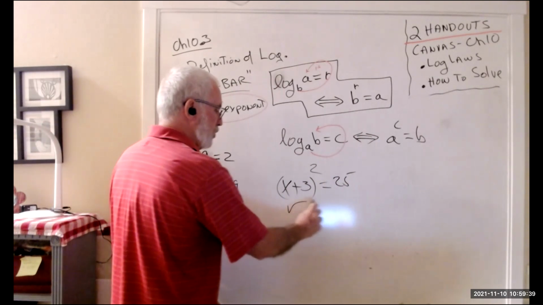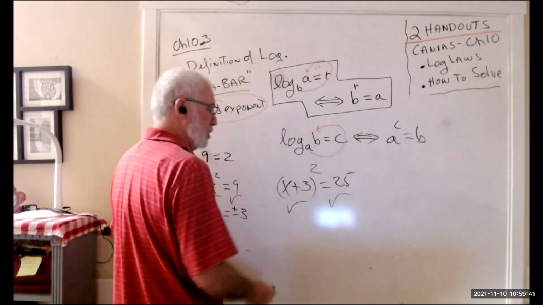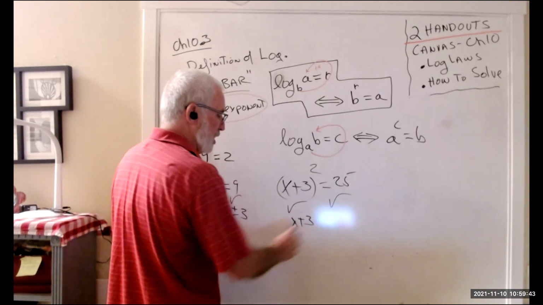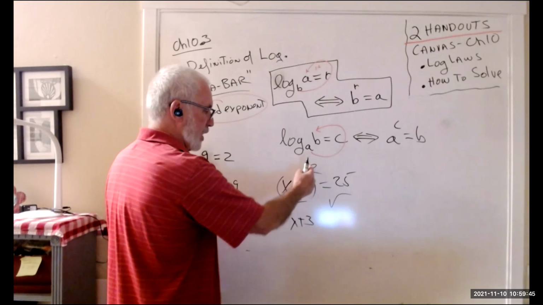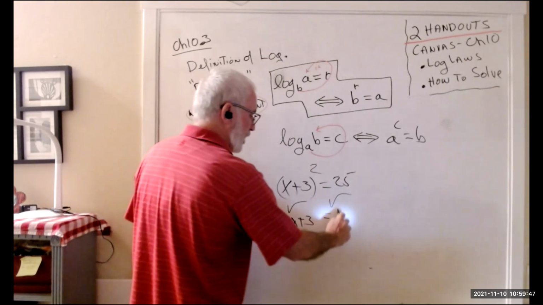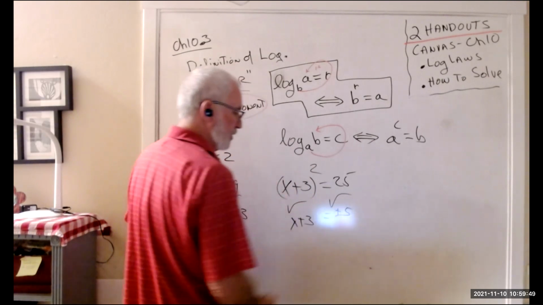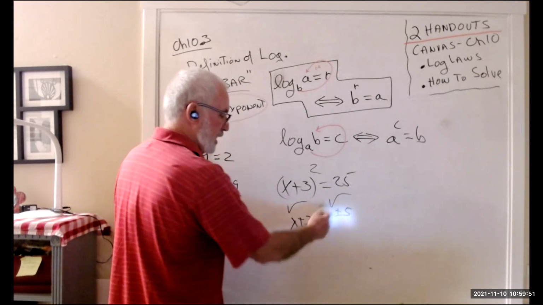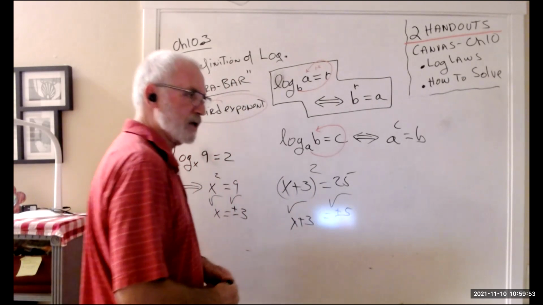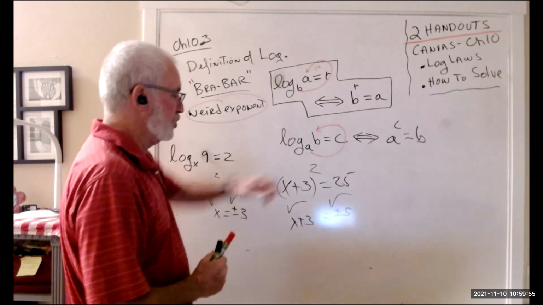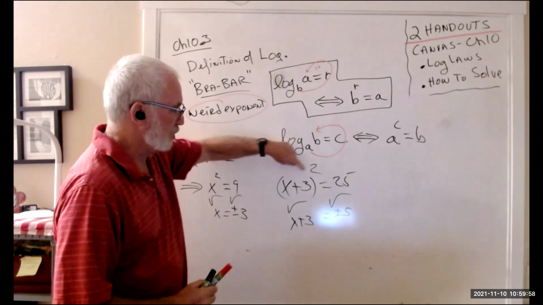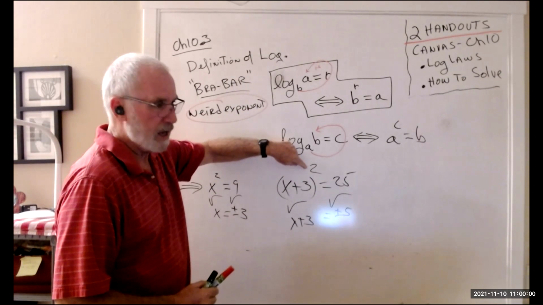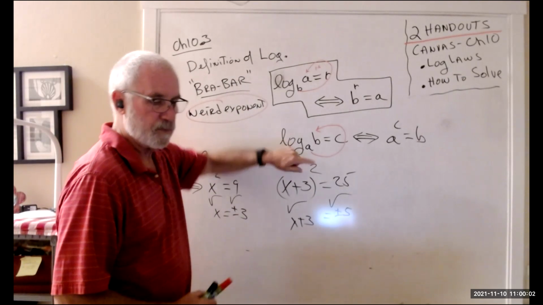When you square root both sides, you get x plus 3, because the square and the square root cancel, but it equals plus or minus 5. So you had to get the plus or minus because you got two answers for that problem. Remember, in general, x to the power of 2 usually has two answers.